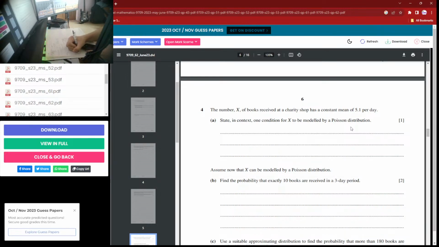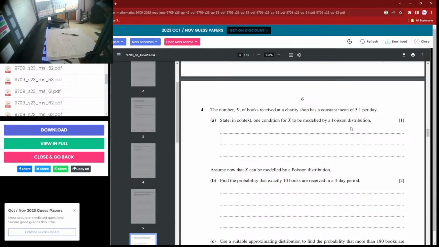So therefore, it will be e to the power negative 15.3 times 15.3 to the power of 10 over 10 factorial.